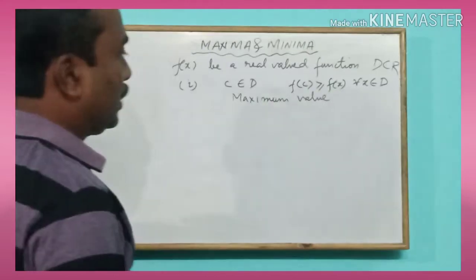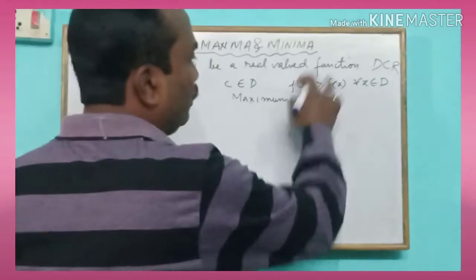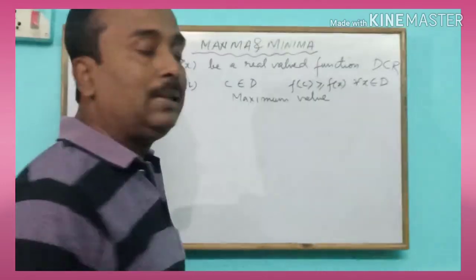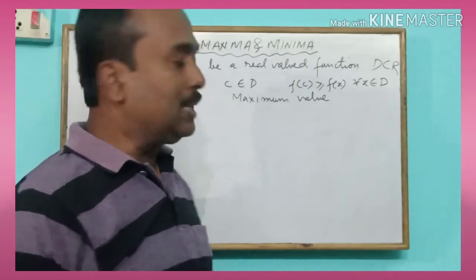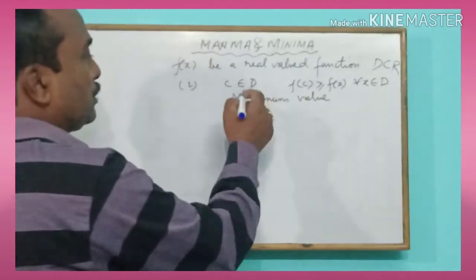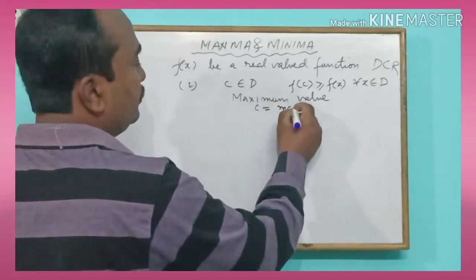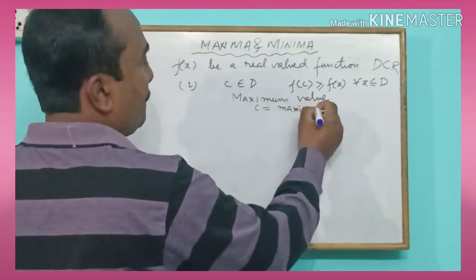Very easy to understand. That means whatever point we take other than C, we will get a value less than f(C), and this point C is known as the maximum point.